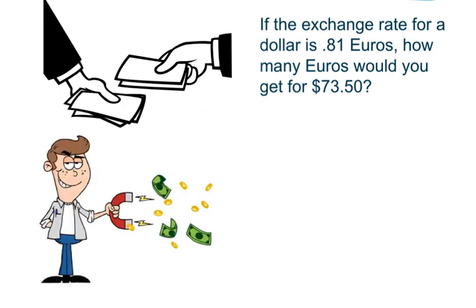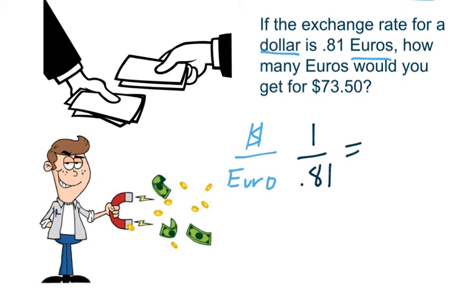So here, what are the words that we're dealing with? Dollar and euros. So I could write dollar over euro. And then I'm just going to fill in my two ratios that I know. $1 is 0.81 euros.